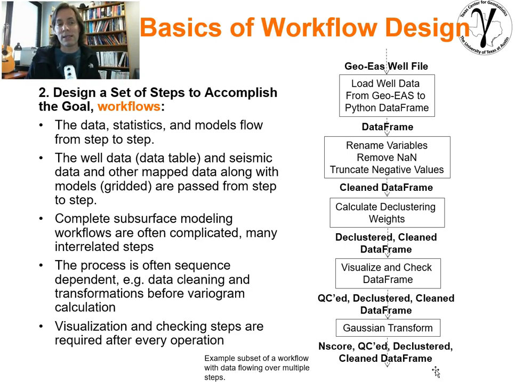There's so many things that can work into or be part of this workflow. But I hope you can get a sense of just how many details, how many steps we could be involved to flow the data through statistics and models to work towards a decision.